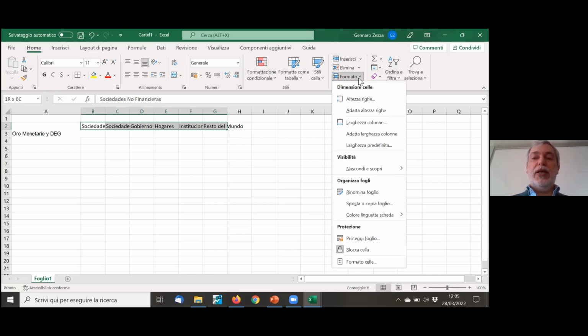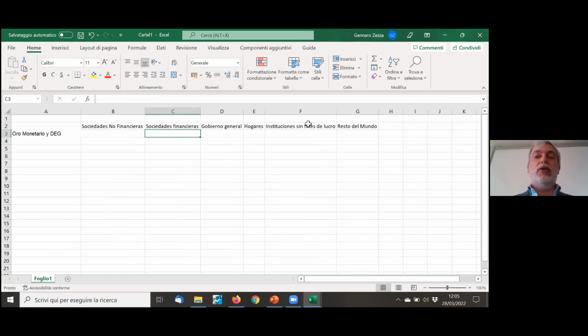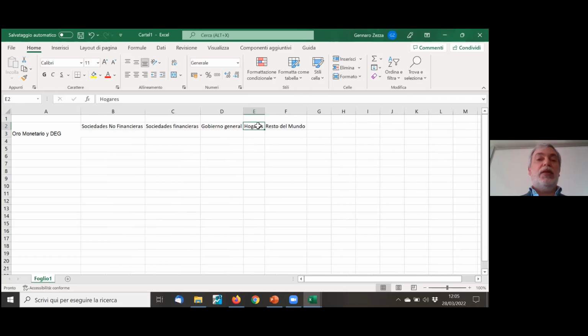I'm going to enlarge the columns. Okay, so I don't want to have the non-profit institutions separately from the households, so I will keep them together, and I have to remember to sum the values for these two sectors.